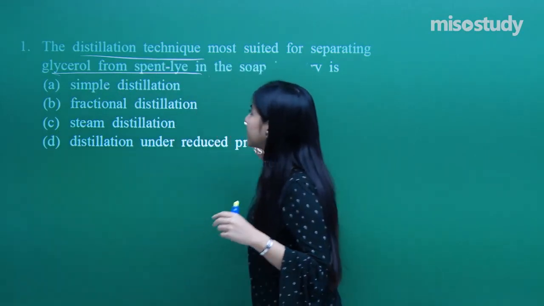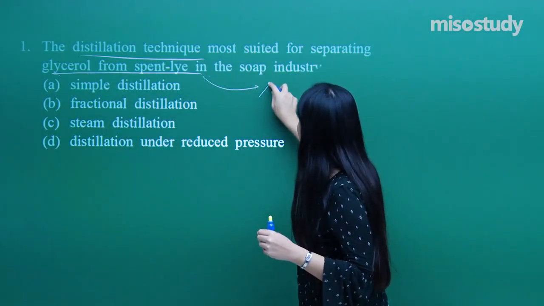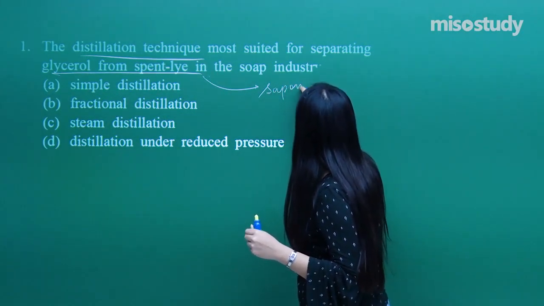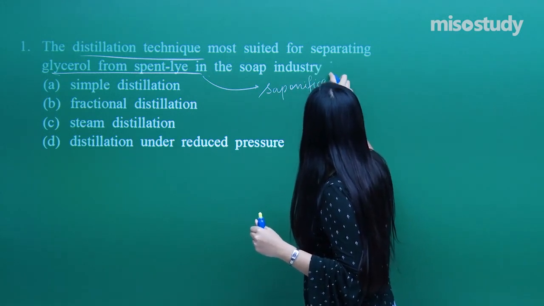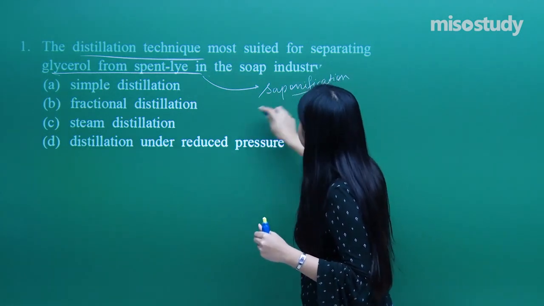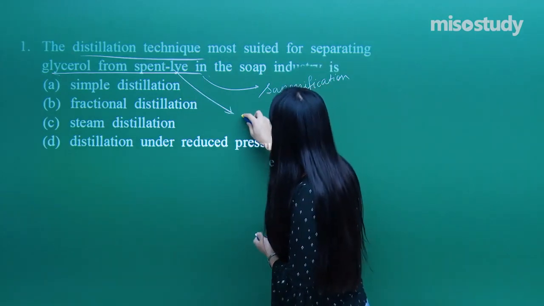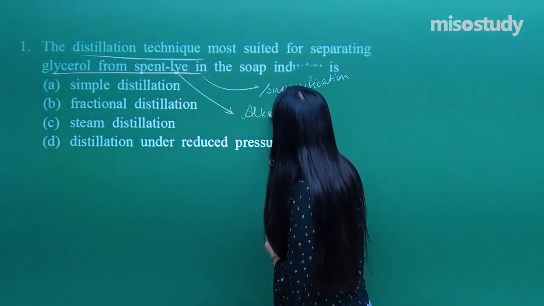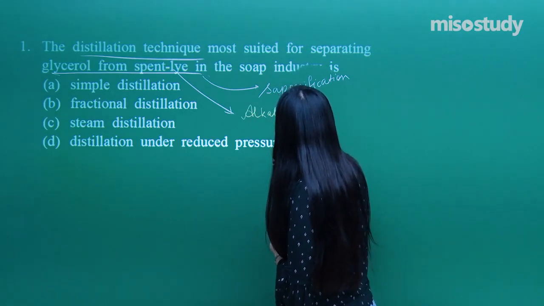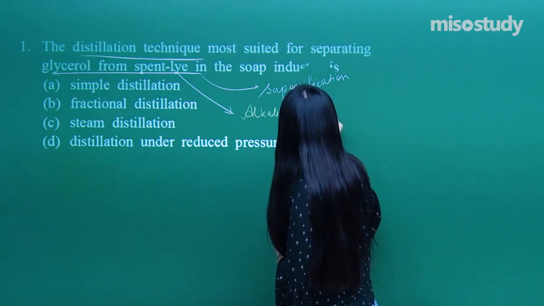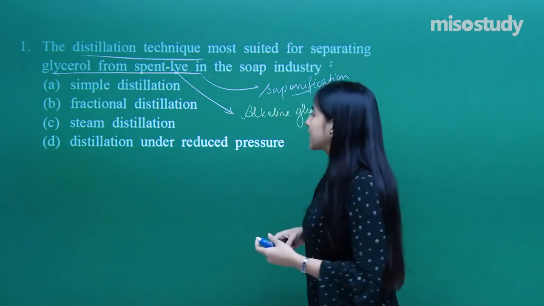Glycerol from the spent lye is basically nothing but the saponification reaction. And the spent lye is basically what? This spent lye is the alkaline glycerol. What is this alkaline glycerol?